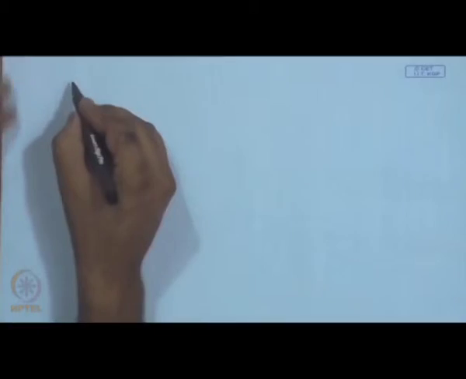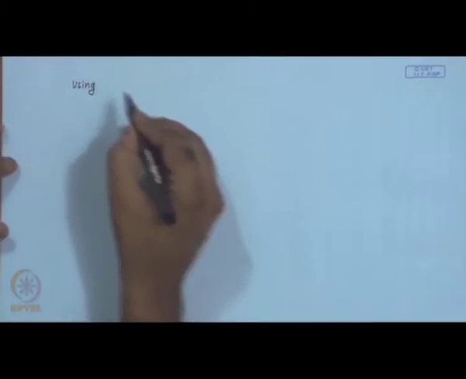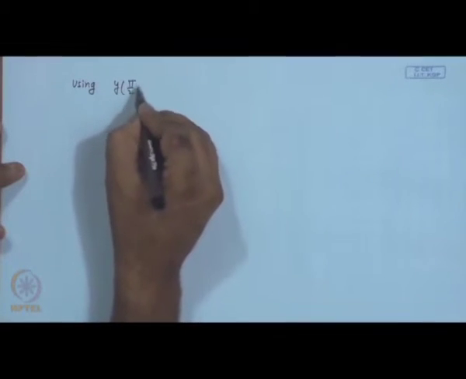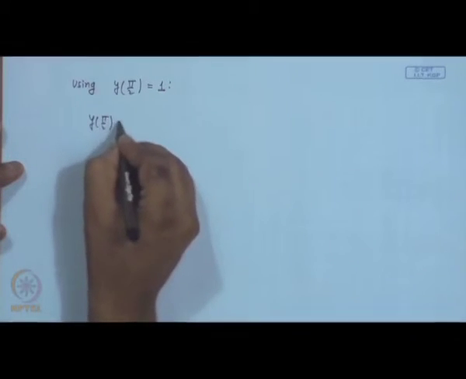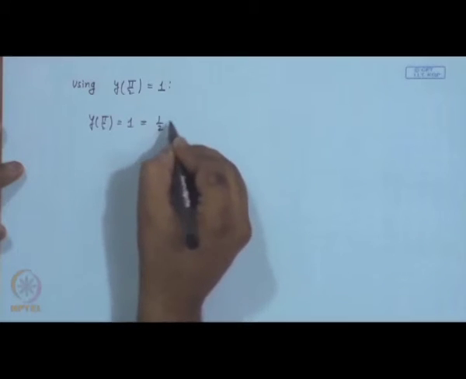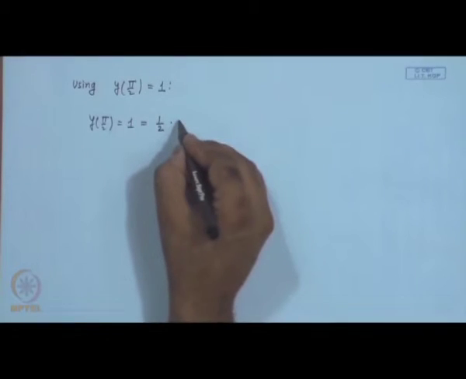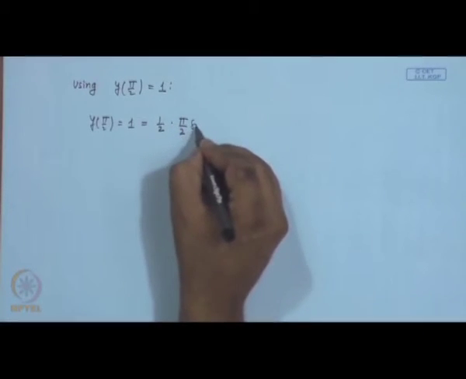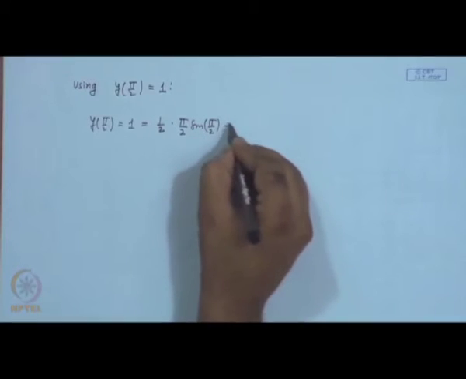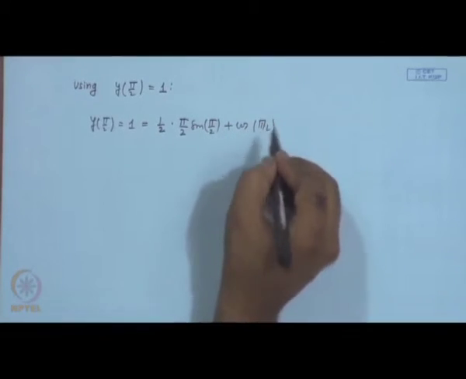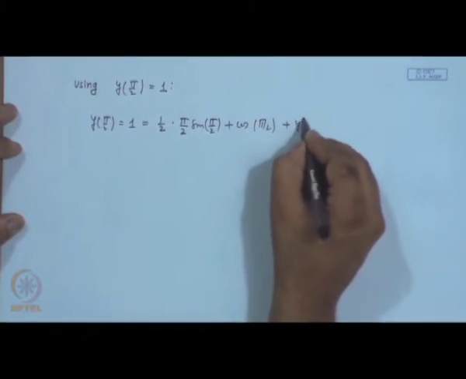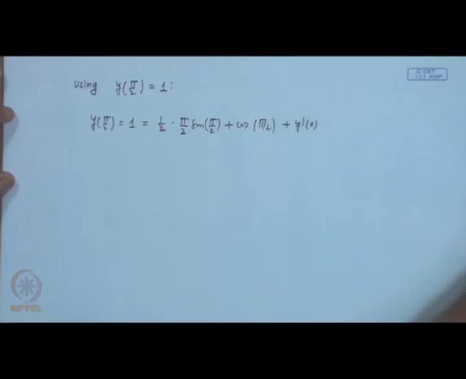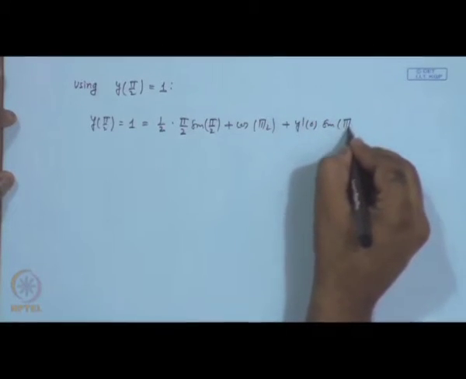So, using the given boundary condition y(pi by 2) is 1, we have 1 equals half t sin t, so pi by 4 and sin pi by 2, plus cos pi by 2 from this, and then plus y prime(0) sin pi by 2.